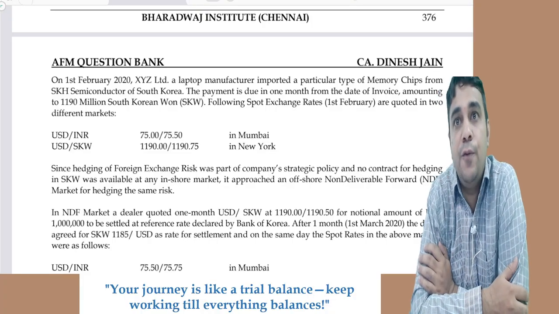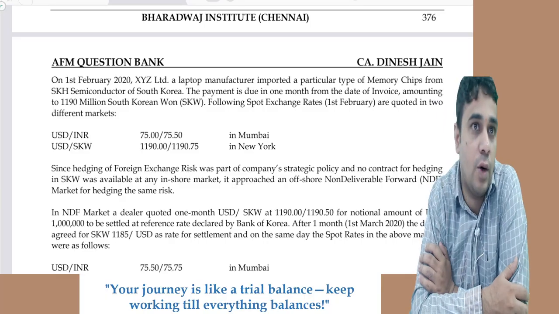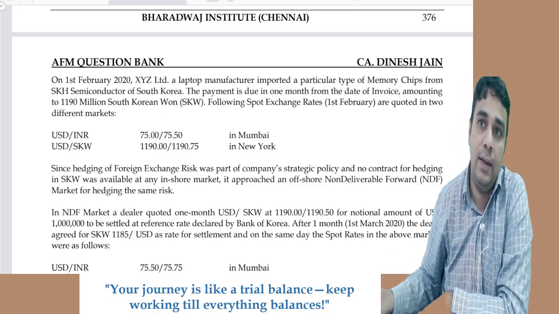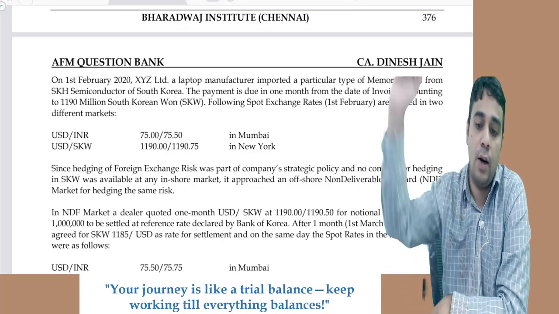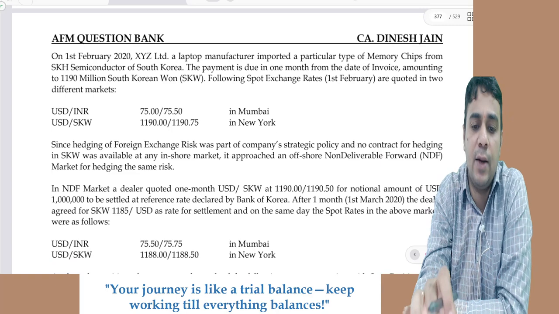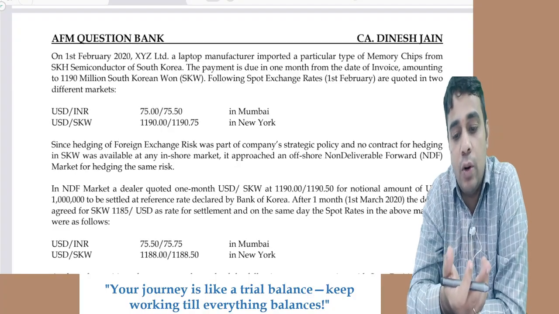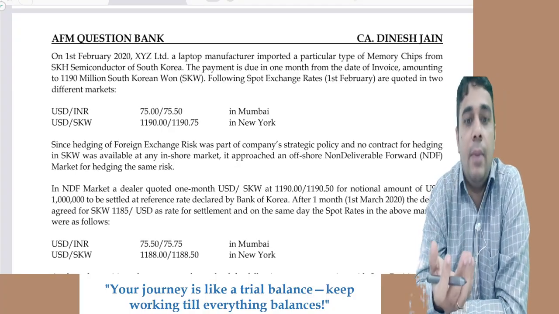It is like a futures contract rather than a forward contract. Whatever we were doing for futures, we have to do for a non-deliverable forward contract. The reason is, in India I could not find a contract for SKW, so I went to an offshore market.